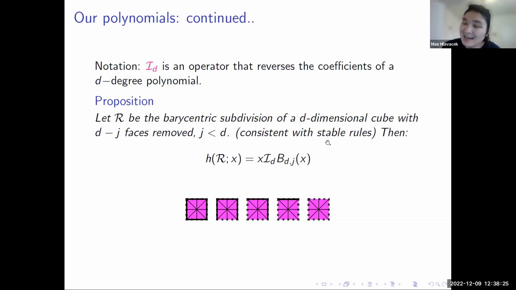So we have not yet computed the h-polynomials of these 2 complexes, or relative complexes. What you can do here is use some reciprocity theorems for h-polynomials and h-star polynomials. It turns out that using that machinery, you can see that the h-polynomial of these 2 is: you take a type B J Eulerian polynomial, you reverse the coefficients, and you multiply it by something, in this case, just x.